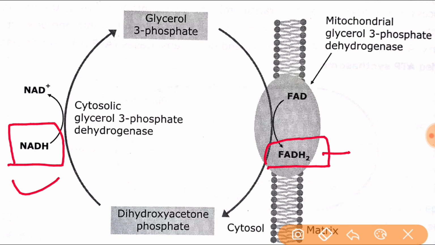That's why we have the difference of energetics in the case of the glycerol 3-phosphate shuttle, because there is formation of FADH2. Now when this FADH2 moves to the ETC, it will give you 1.5 ATP. So that is the difference between the malate aspartate shuttle and the glycerol 3-phosphate shuttle.